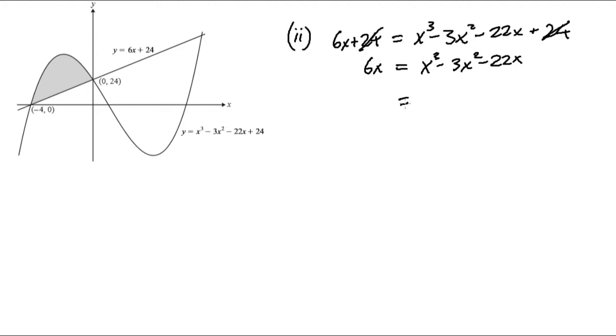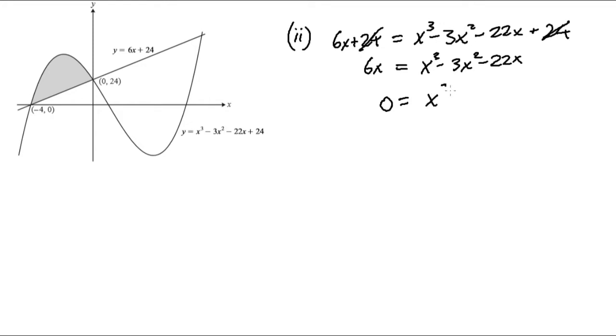And the tempting thing to do here is to divide everything by x, but that is not viable because the domain consists of all real values of x, and it includes 0. So if you divide by x, then you lose information about the curve. So what you need to do is move everything to the right so that you get 0 on the left.